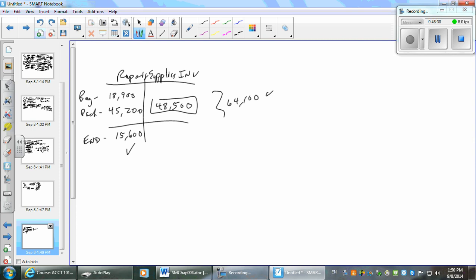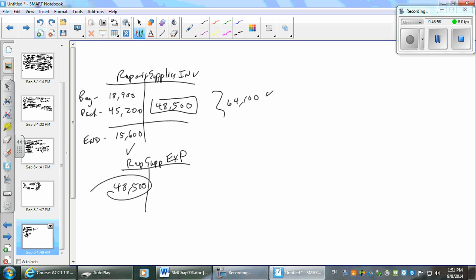So what would the entry be for that? What does it become if I don't have it anymore? Repair supplies what, you guys? I bought the repair supplies to use them generating revenues when I repair boats. I've used them. What are they now? No longer inventory, they're now expense. Repair supplies expense. That's it. So I'm going to put the 48,500 in here.